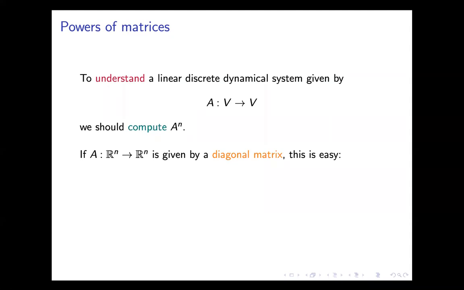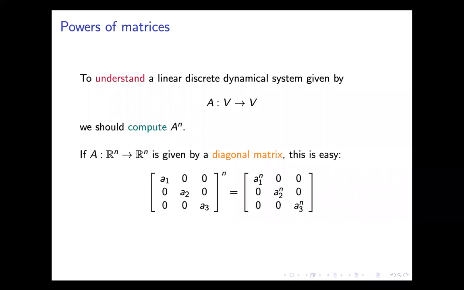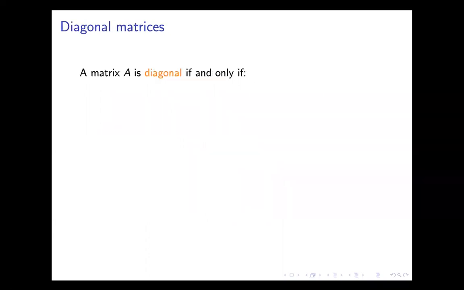If the matrix A from R^n to R^n is a diagonal matrix, that's easy, right? You just calculate the nth power of all of the diagonal elements. It's an easy exercise when you multiply matrix by matrix: if it's a diagonal matrix, the diagonal elements only get multiplied by themselves.